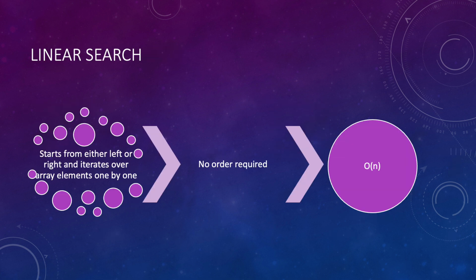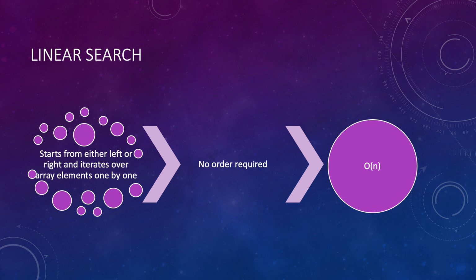Now let's talk more about linear search before we head on to our two-pointer approach. In linear search, we start at either end of the array, either from the beginning of the list or from the end of the list, and in a sequential manner we check the elements one by one.